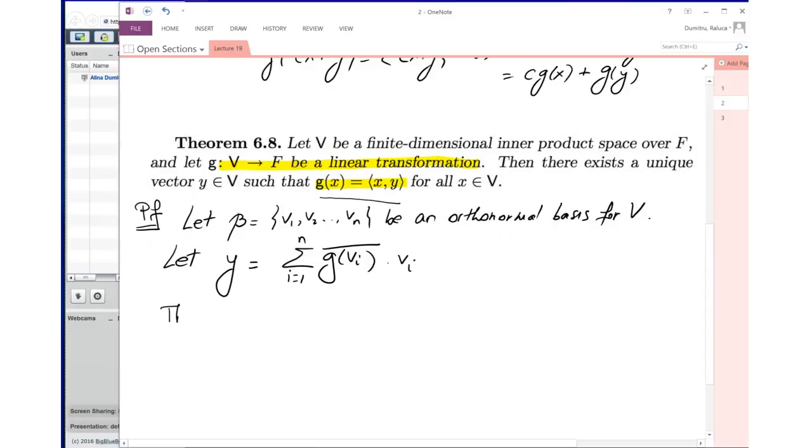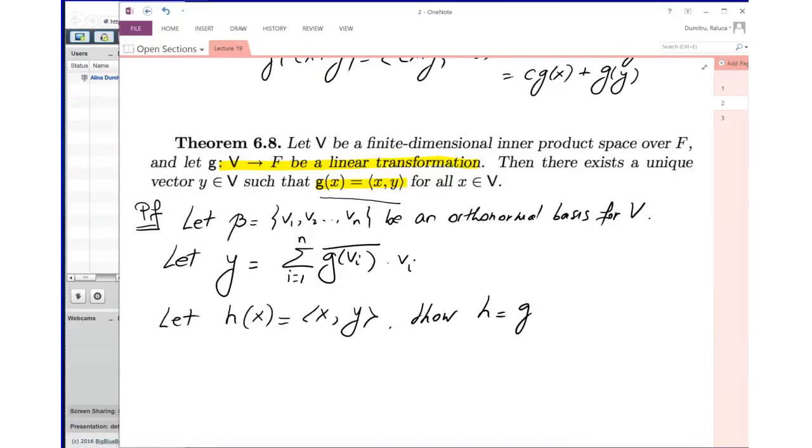Let h of x be the inner product between x and this y that we defined above. We want to show that this function and the one above, g, are one and the same.